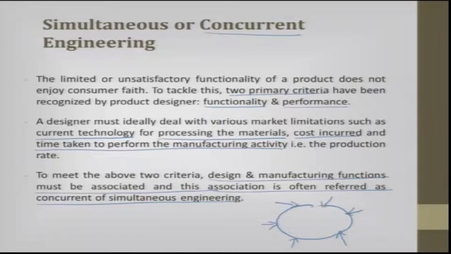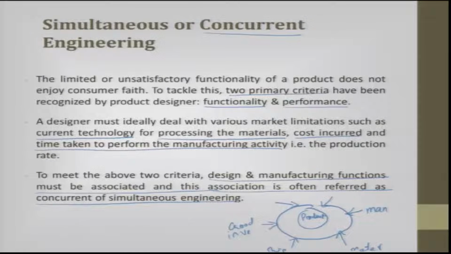So, here we have just taken an example of a manufacturing engineer. We can also have materials, we can have a shipping engineer, we can have a goods inward engineer. So, all these people sit together to have a common objective, which is to produce a product which meets all the functionality and does a wonderful performance. So, this is called concurrent engineering.